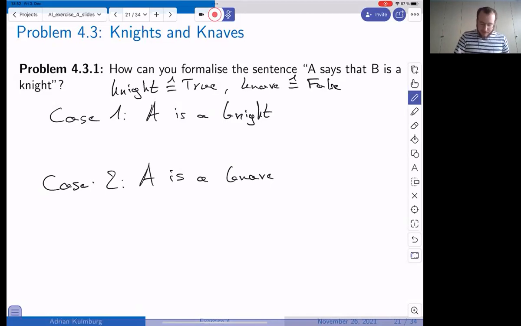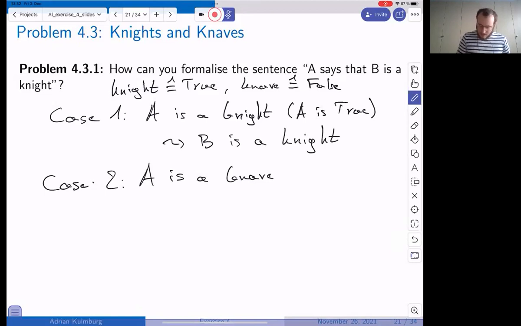So if A is a knight, meaning that A is true, then A is saying always the truth, right? And if A says that B is a knight, then it also means that B is a knight, because A always says the truth. So in that case, B is a knight as well.